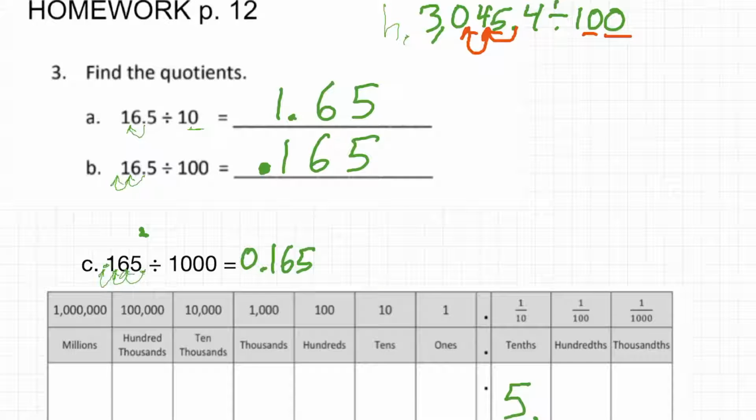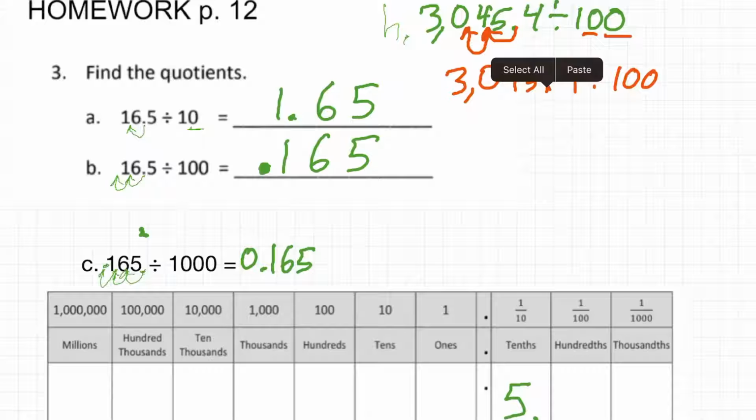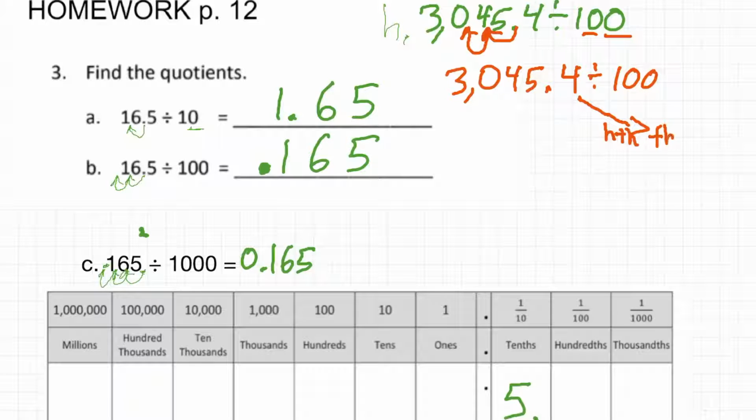All right, so to show you again, I will copy down the problem again. All right, so now our decimal is right here. We're dividing by 100, excuse me. So this 4 is going to go 2 spaces over. So first it's going to the hundredths, and then it's going to go to the thousandths.